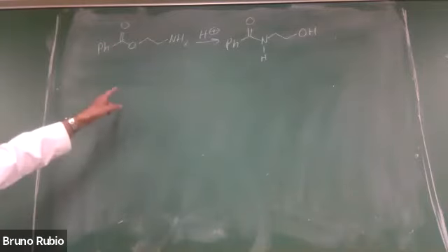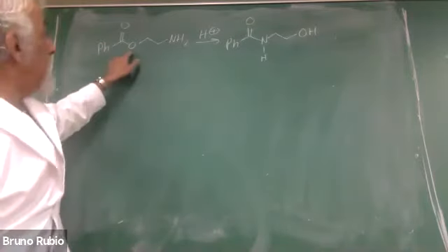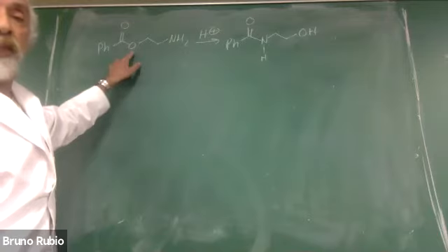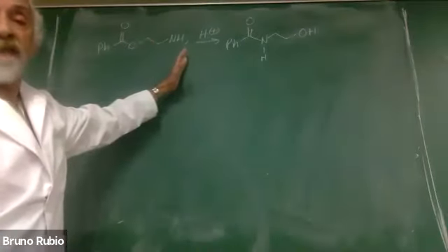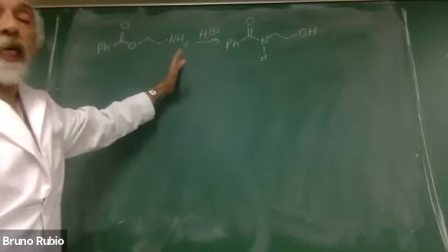Now, I think the most popular thing to do here, which would be wrong, would be to protonate this oxygen as the first step and let this thing depart as a free swimming entity. No good.